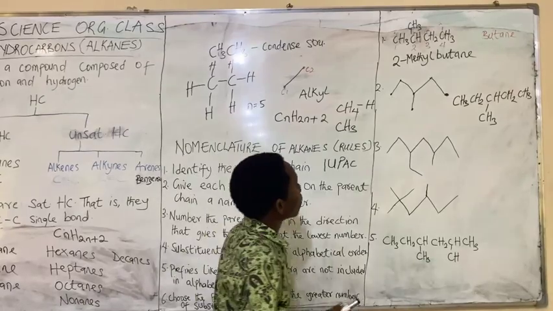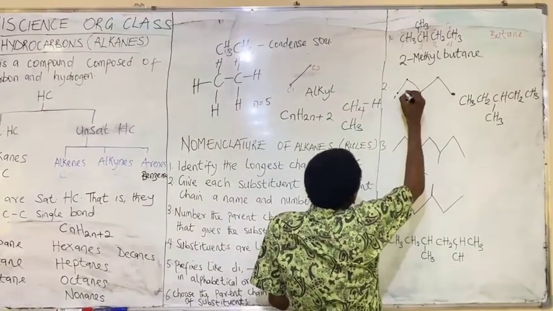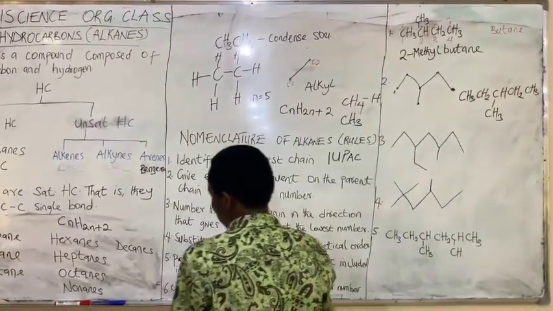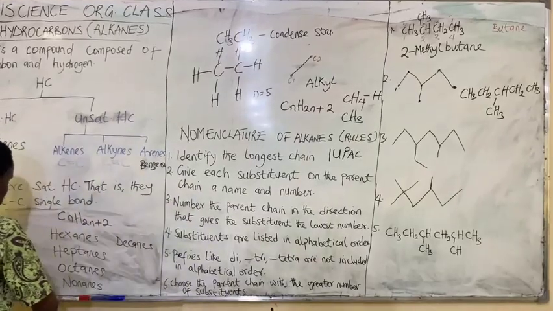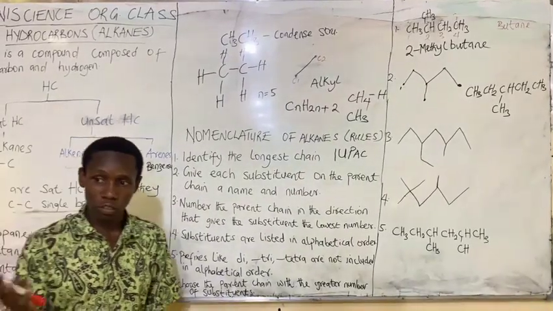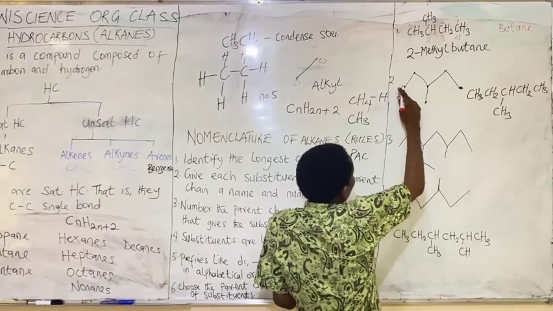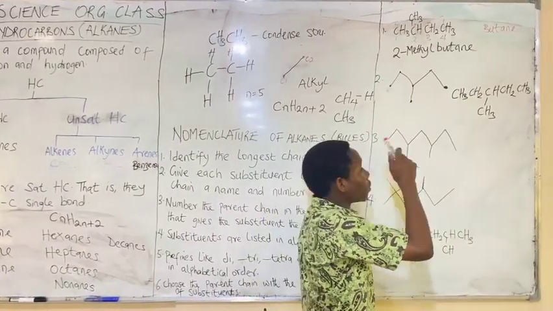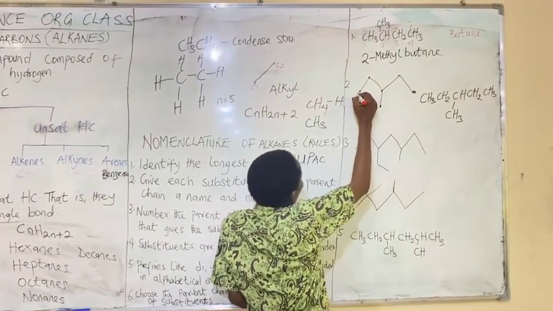So let's do that. I think we should use our red marker. Each of the points here signifies 1 carbon. Hope you are following.